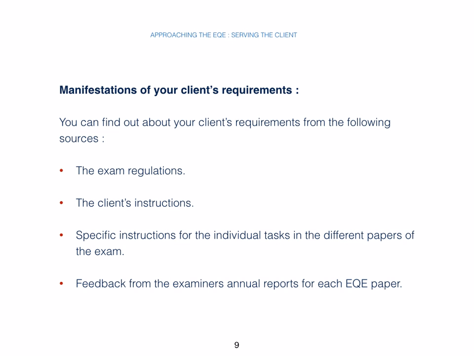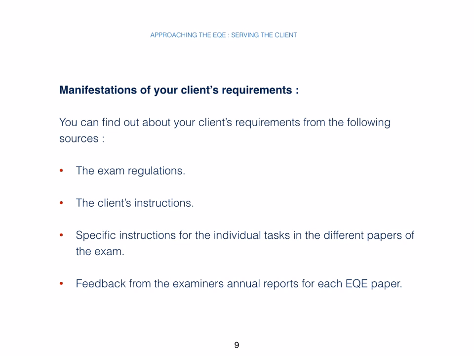You can find out about your client's requirements from the following sources: the examination regulations that I recommend you should read, and the client's instructions, which, as I said, are sent to you before the exam and set out how the client would like you to tackle each paper.